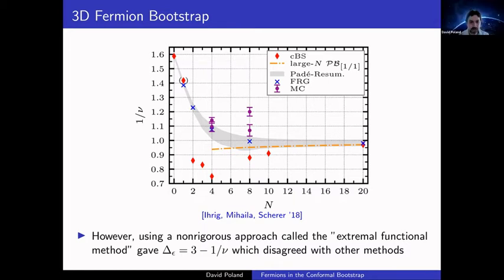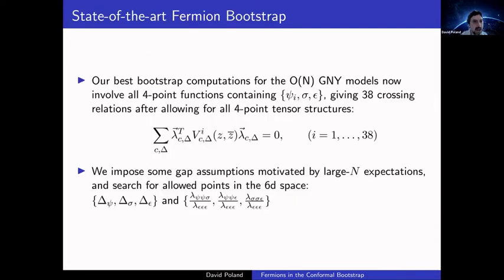Yep, thank you. Great. So let me show you some brand new results from the bootstrap for fermions, and then I'll wrap up. Our state-of-the-art computations for the O(N) Gross-Neveu-Yukawa models involve an even larger system of correlation functions, psi, sigma, and epsilon. This gives 38 crossing relations after you allow for all the O(N) tensor structures and Lorentz tensor structures involving the fermions.